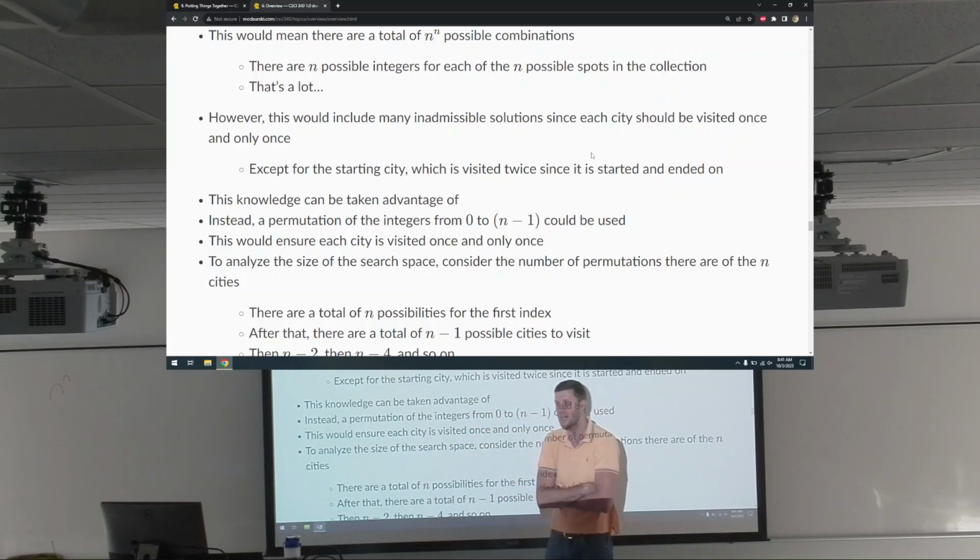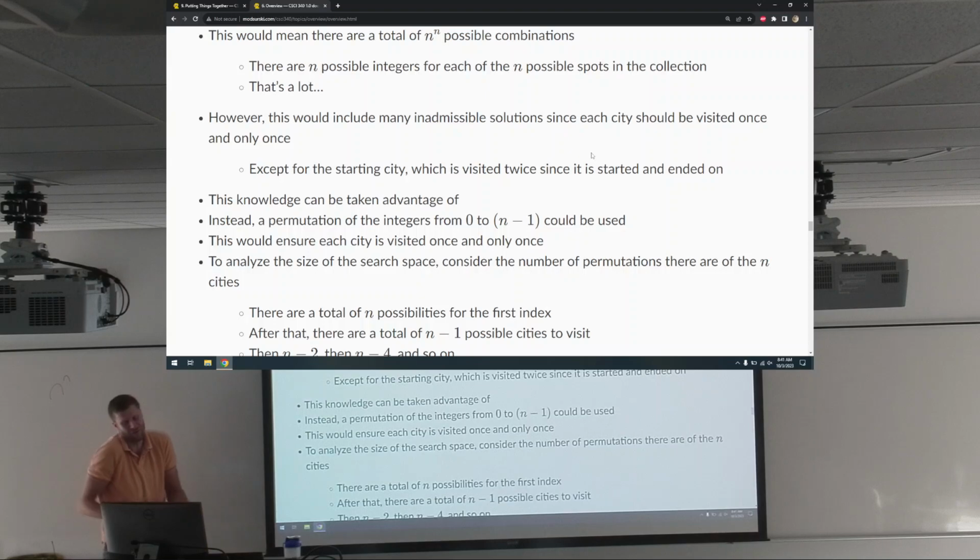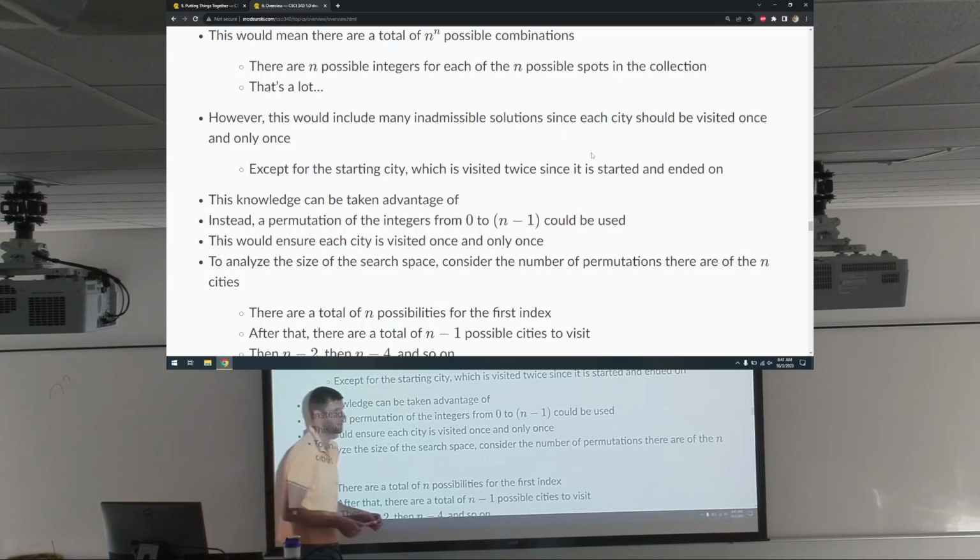That's not a good thing. It's technically a valid solution, and it defines a Hamiltonian cycle, kind of, but not really, because it didn't hit every city, and it hit a city multiple times. So really, we want each city hit once and only once.